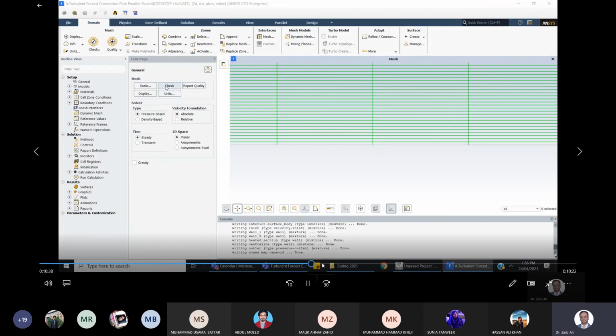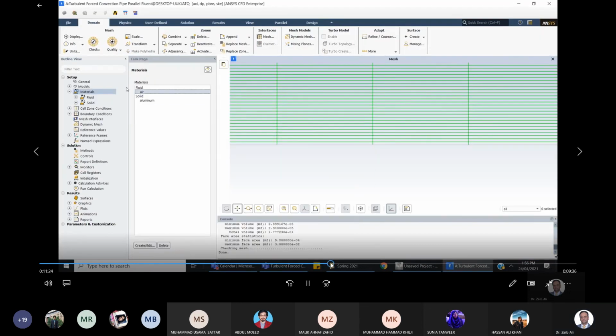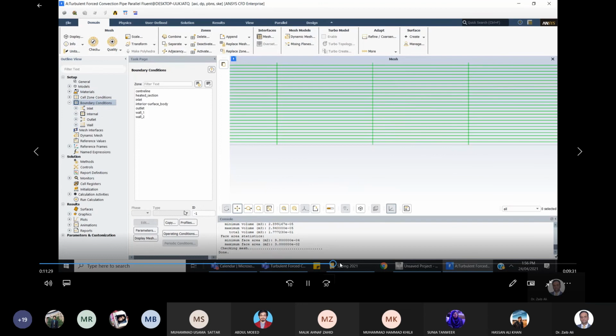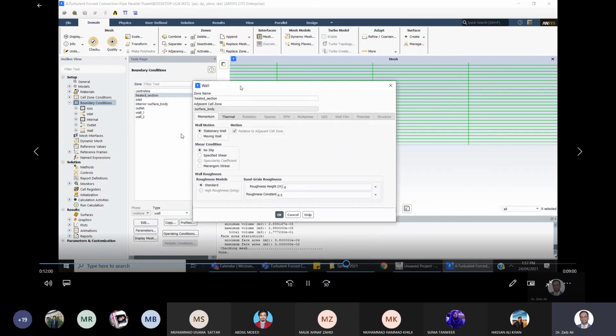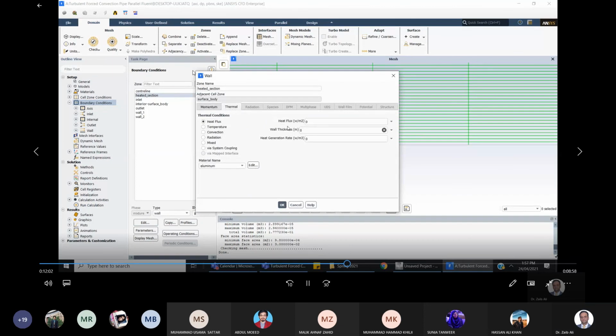So once you load solver, and then you come towards the boundary conditions. The center line is neutral. Okay, so here's that region, heated section. So this is wall again.